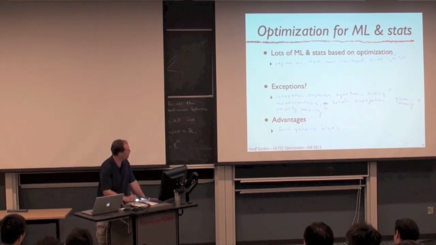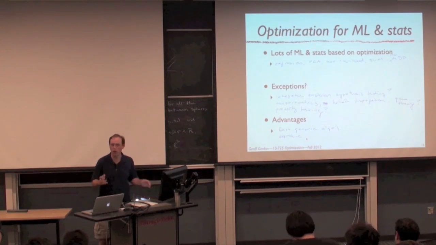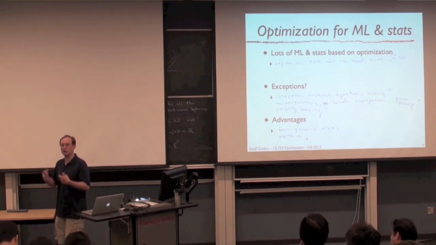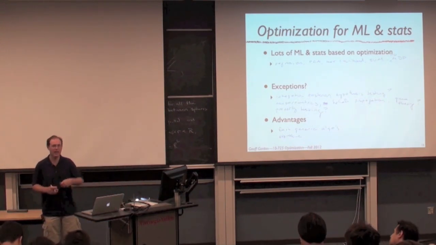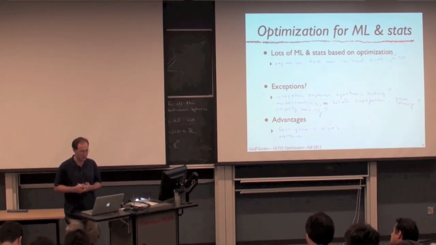Another one, of course, is that optimization problems are pretty expressive, which goes with the fast generic algorithms, right? You often can set things up as an optimization, and then once you've done it, it often leads to a good algorithm.